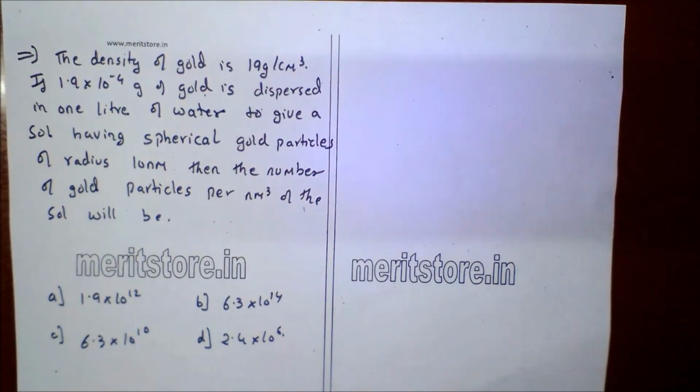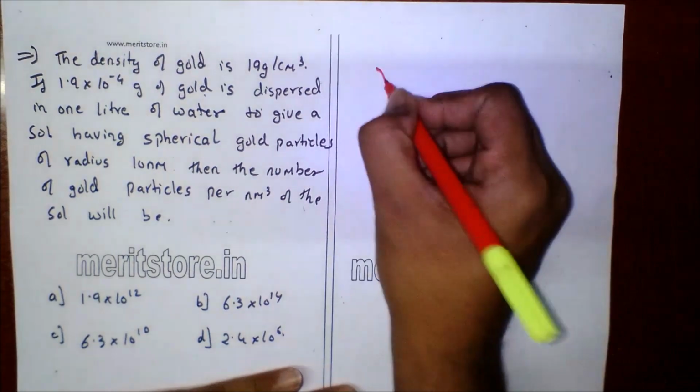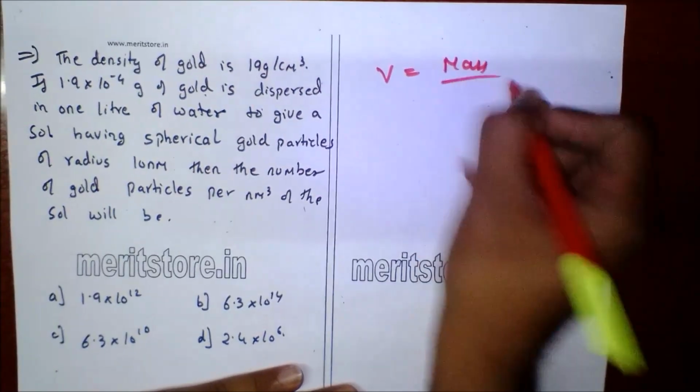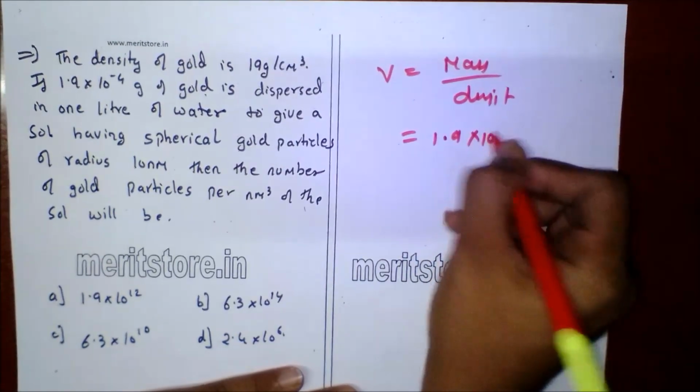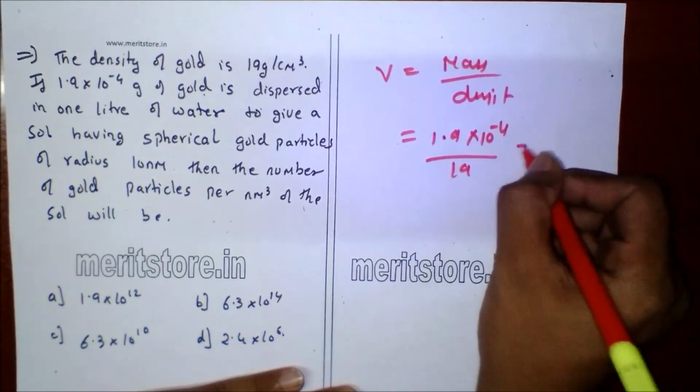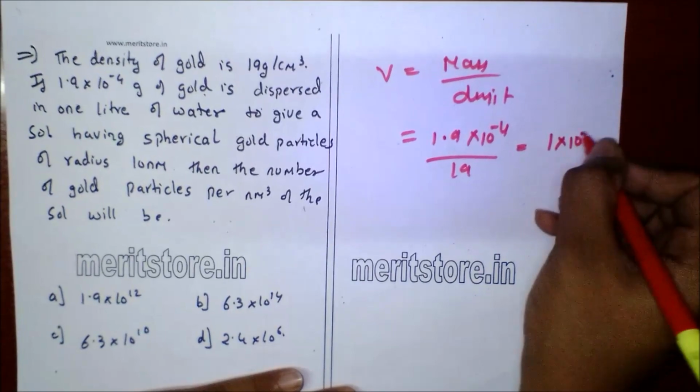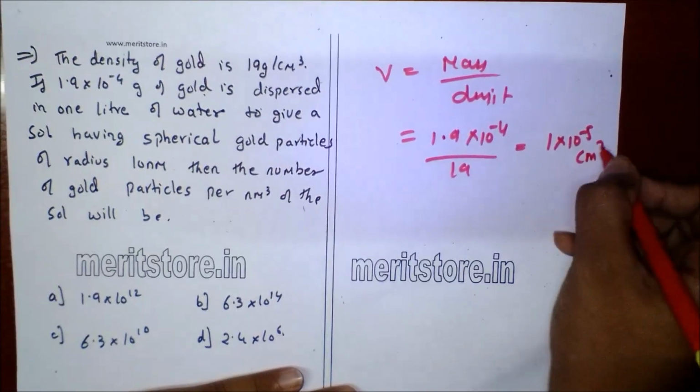Now, the volume of the gold dispersed in 1 liter water will be mass upon density, which is equal to 1.9 into 10 raised to minus 4 upon 19, which gives 1 into 10 raised to minus 5 centimeter cube.